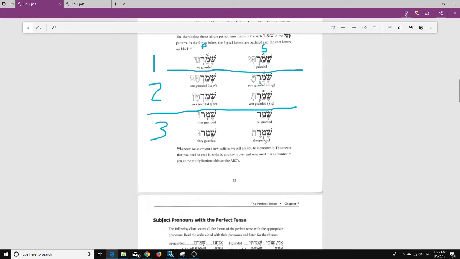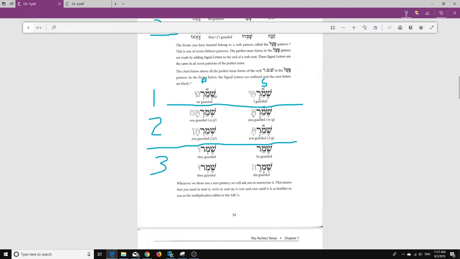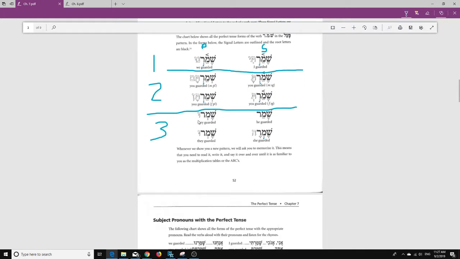So here's a silent sheva right there. Shamra, she guarded. Shamarnu, again, silent sheva, we guarded. Shamartem, silent. Shamarten, again, silent. Shamru, they guarded. Shamru. So notice, there are a lot of silent shevas.